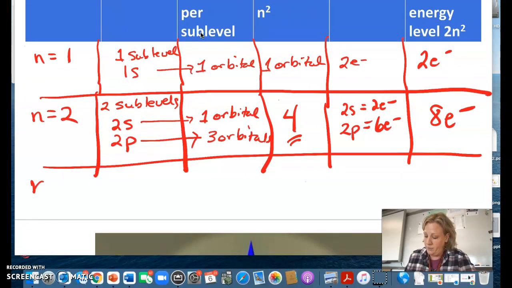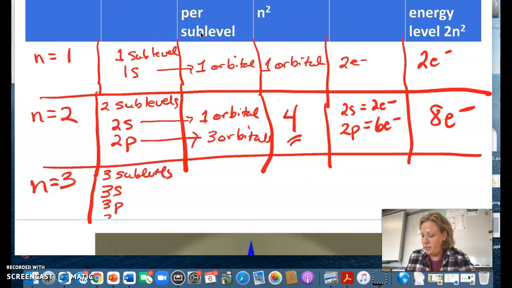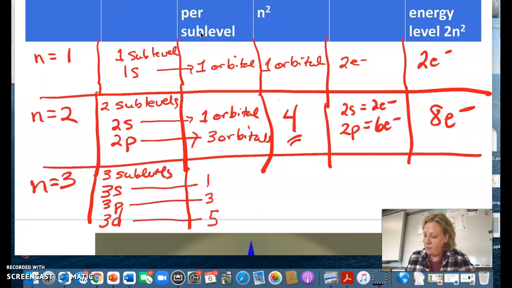So if n equals 3, remember the number of sublevels equals the value of n. So we would have 3 sublevels. We have a 3s, 3p, and a 3d now. So it's the first time we've seen the d sublevel. For the number of orbitals, the 3s has 1, the 3p has 3 orbitals, and the 3d has 5.